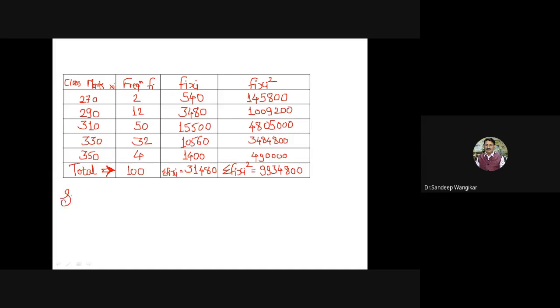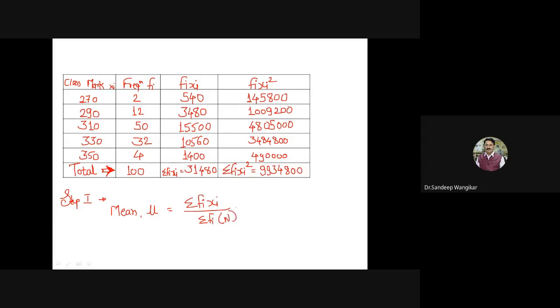Very first I will calculate step number 1: the mean, that is nothing but mu. So mean is equal to summation fi xi divided by summation fi, or you can also call it n.